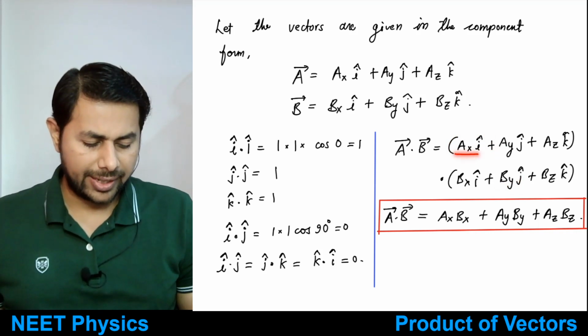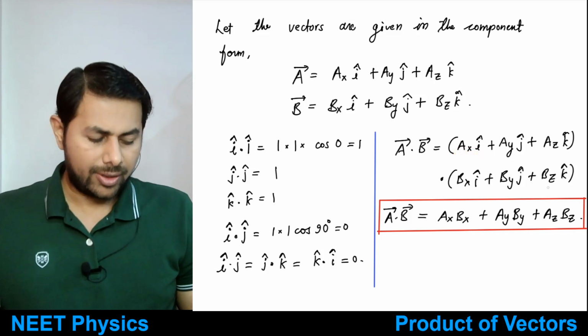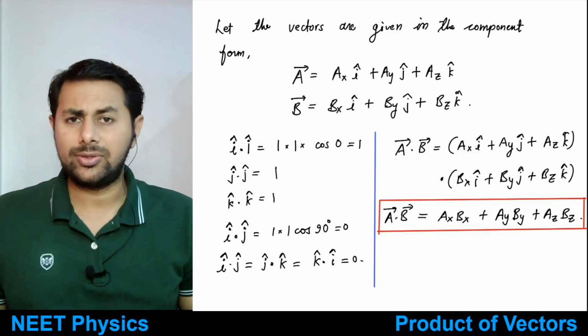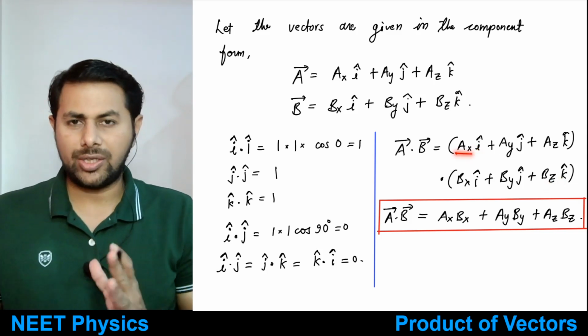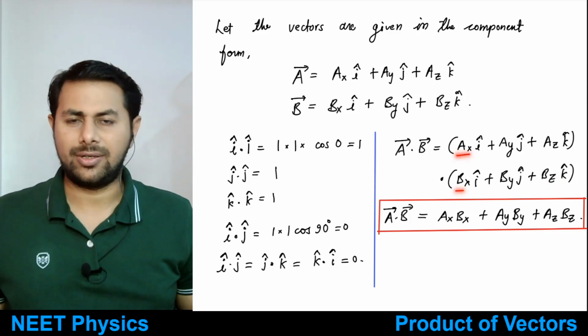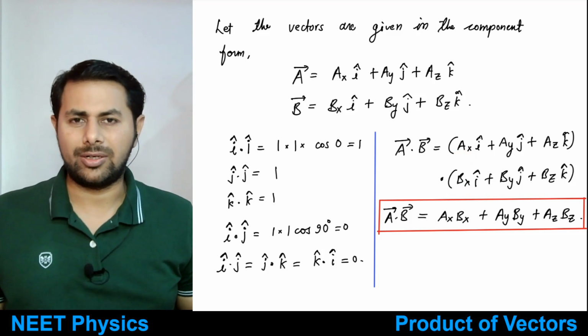Then you take Ax into I cap dot Bz into K cap. So you have Ax Bz I cap dot K cap, and that is also equal to 0. So which term survives here? It is Ax Bx, I cap dot I cap, which is equal to 1. Right?